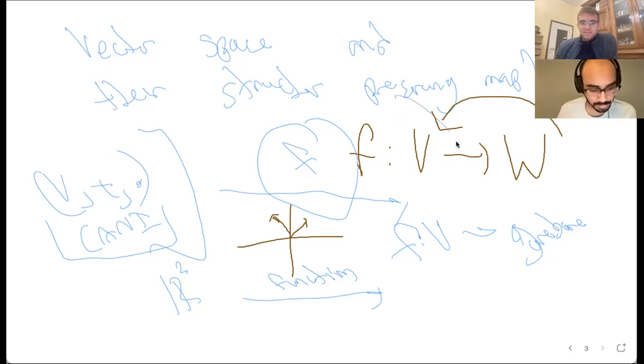Some of them are going to spit out a vector space and some of them are not. Some of them are going to spit out garbage. I can ask the question, what restrictions must I put on F to guarantee that there is no garbage and that every single output is a true vector space somehow?